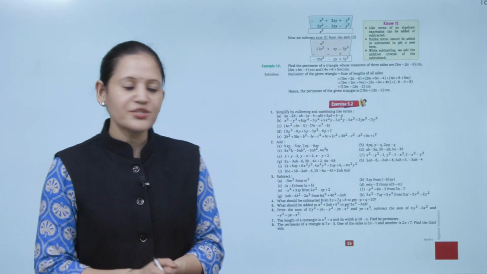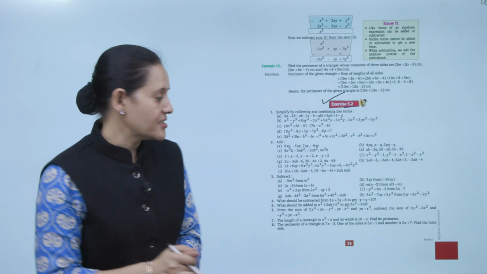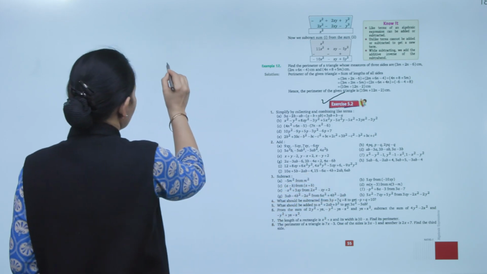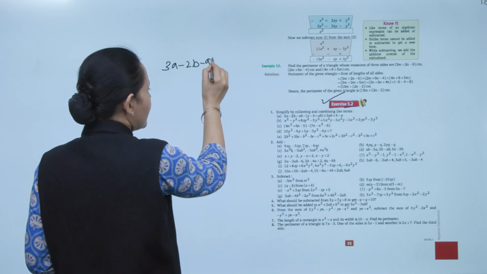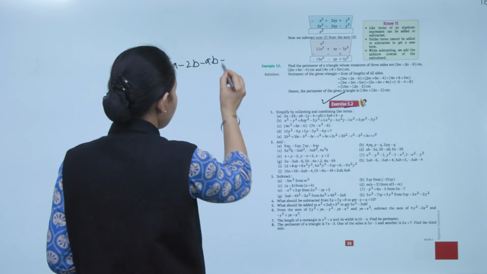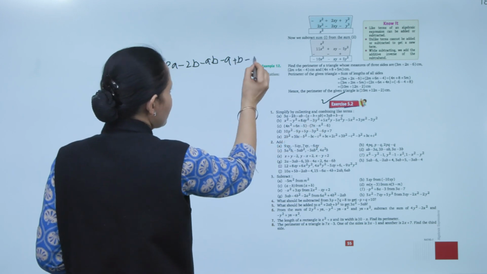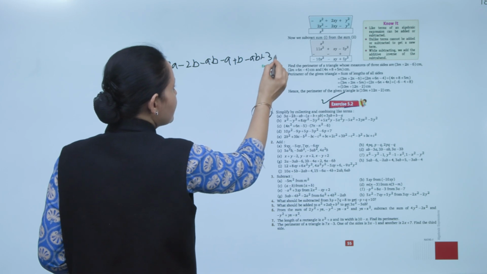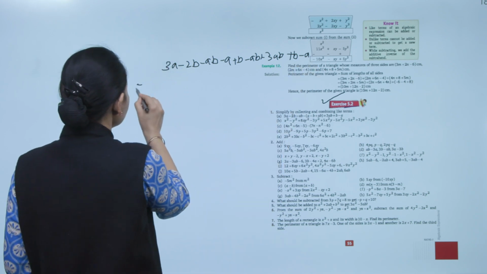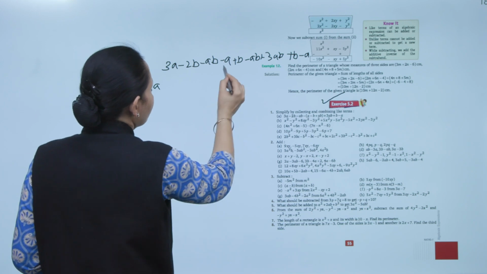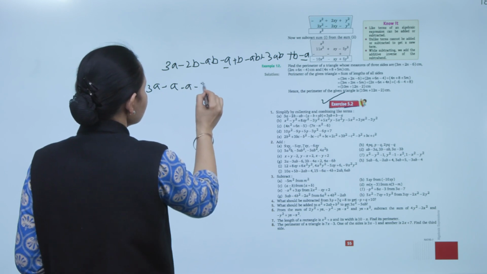Next is exercise 5.2. Simplify by collecting and combining like terms. So first, 3a minus 2b minus ab minus, first we'll remove the bracket: minus a plus b, and plus, so this will change into minus. Minus ab plus 3ab plus b and minus a. Now we will write the like terms together. So 3a minus a and minus a, then minus 2b.